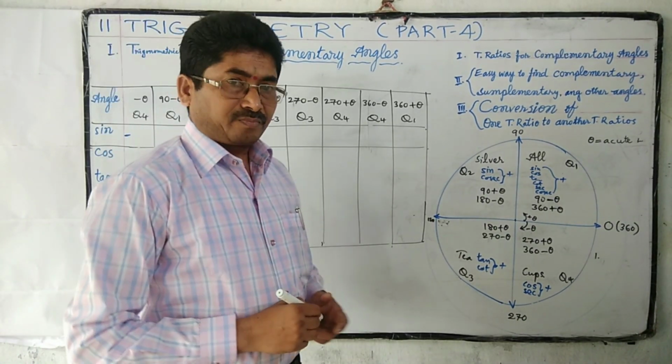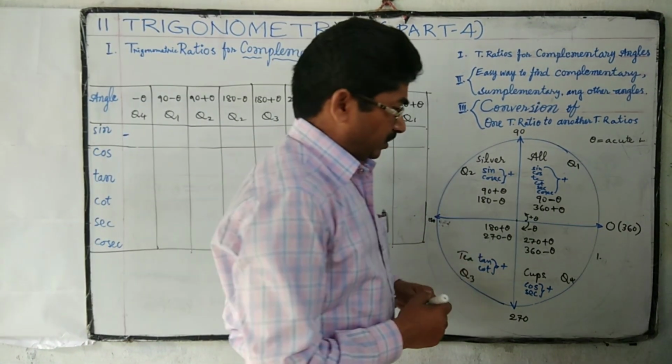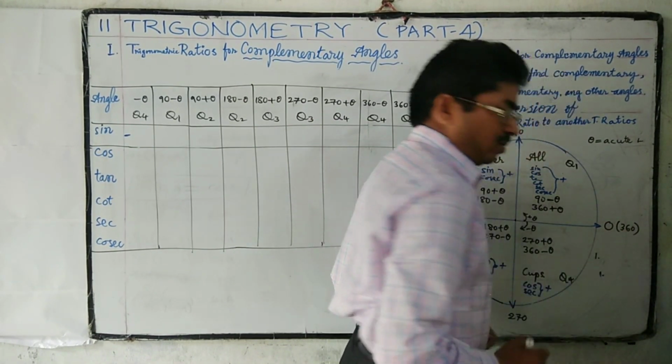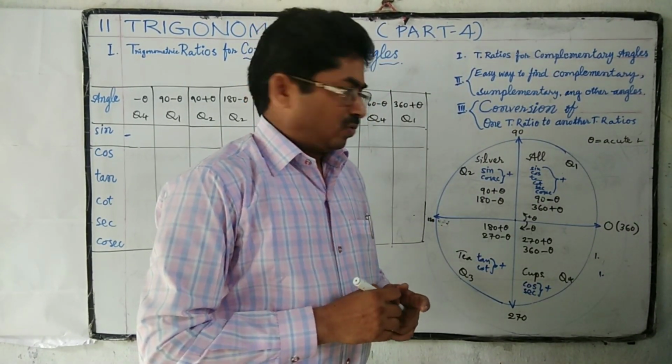Next, second, this is rule 1. According to the quadrant, we have to write the sign.